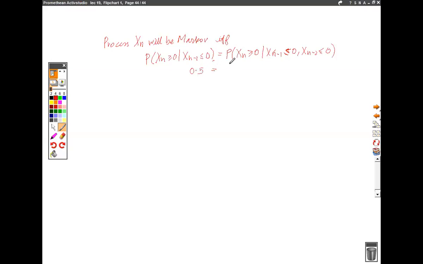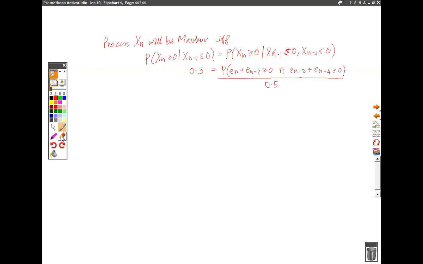And for this, we just derived the whole numerator, which was something like this. We had a denominator which was something like 0.5.